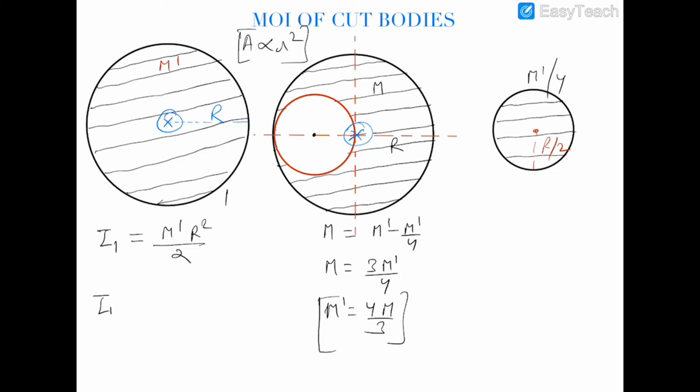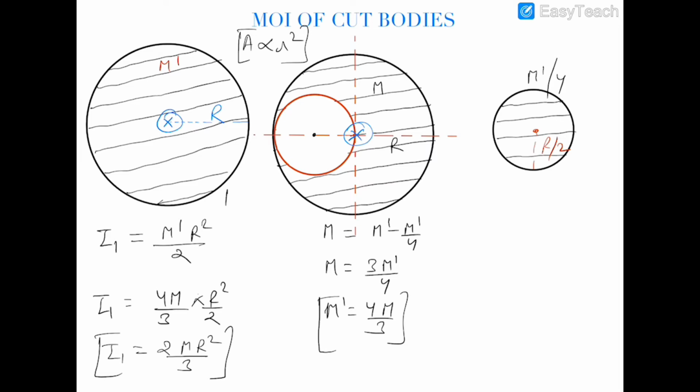So I1 would be equal to 4m by 3 into r square by 2, and therefore I1 is equal to 2m r square by 3. This is the value of moment of inertia of this disk about this axis which is passing through its center of mass and is also perpendicular to the plane of the disk.